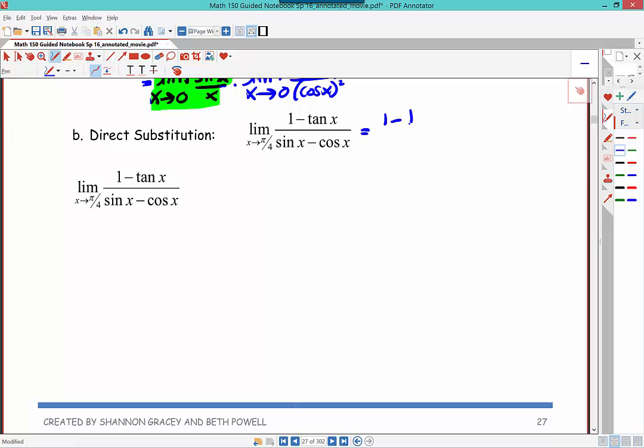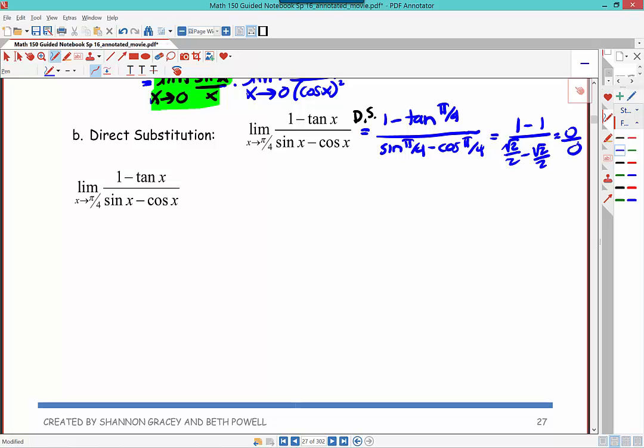We'll get 1 minus tangent at pi over 4 divided by sine at pi over 4 minus cosine at pi over 4. Right? And from there, do you see, you'll get 1 minus 1 over root 2 over 2 minus root 2 over 2, which is 0 over 0, which means you got it, more work.